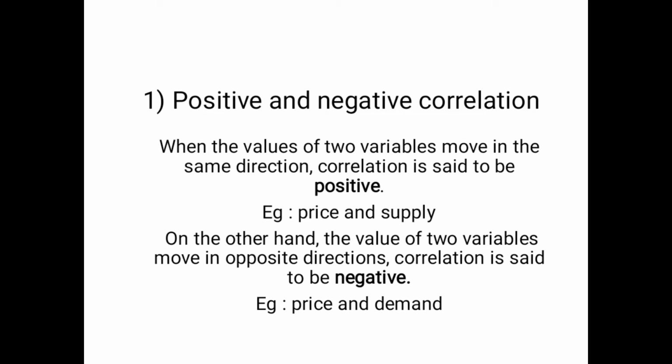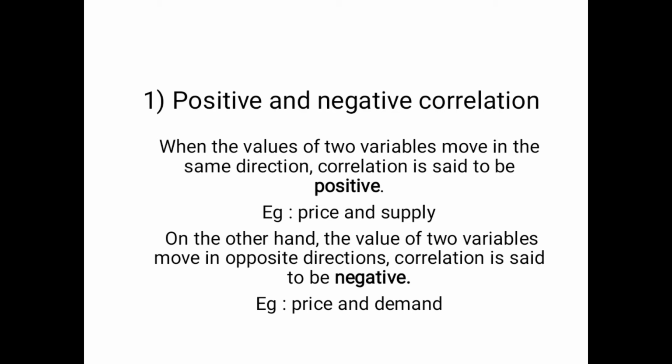That means an increase in the value of one variable results in an increase in the value of the other variable. Similarly, a decrease in the value of one variable results in a decrease in the value of the other variable also.